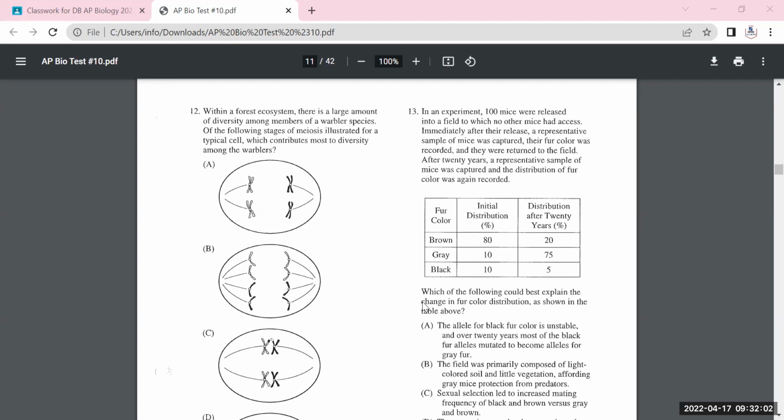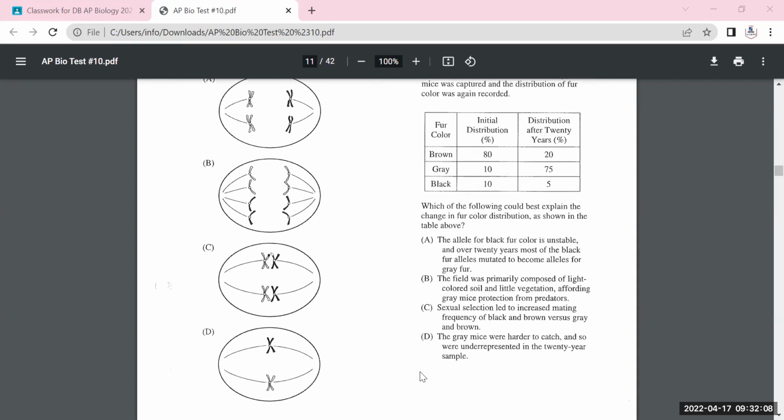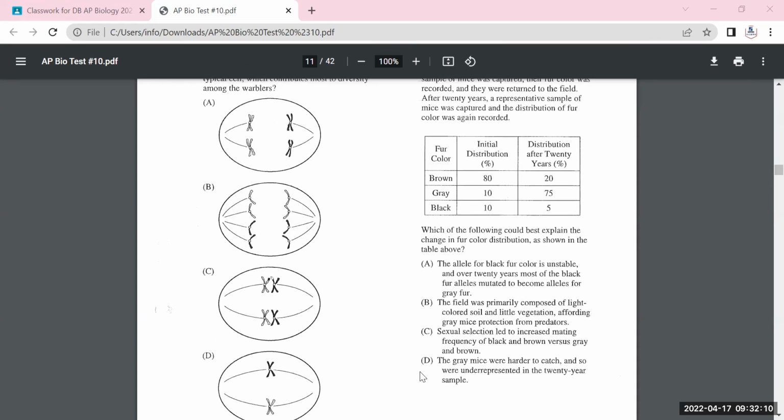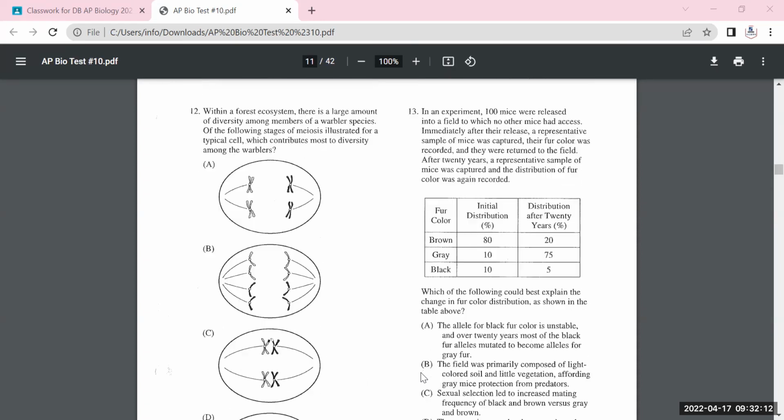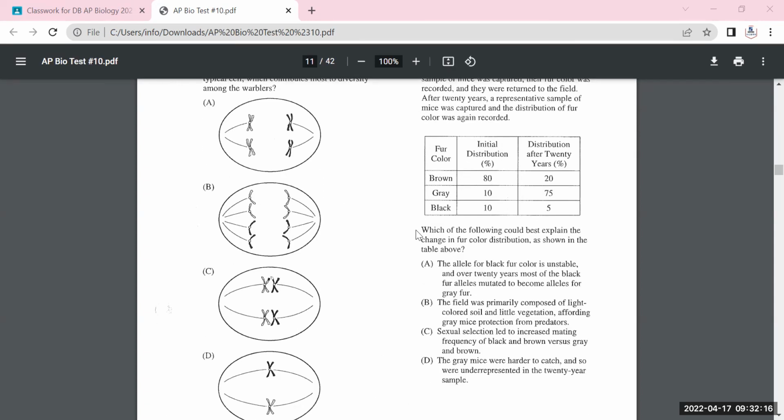So that's independent assortment. So which one of these shows where genetic diversity arises? So we see here, right?